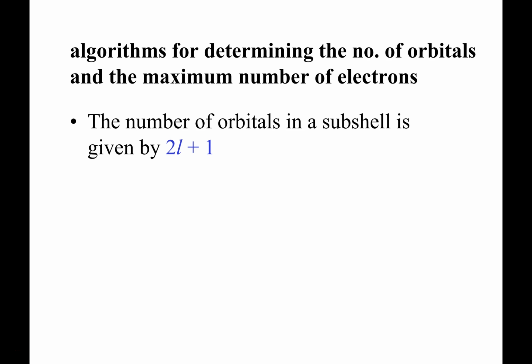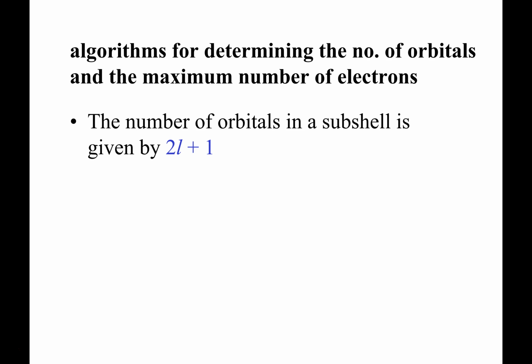Cool. This then are some little, I mentioned the n squared rule. This slide is getting to the n squared rule, sort of. So first off, how many boxes are there in each l type? All you've got to do is take 2 times the value of l plus 1.